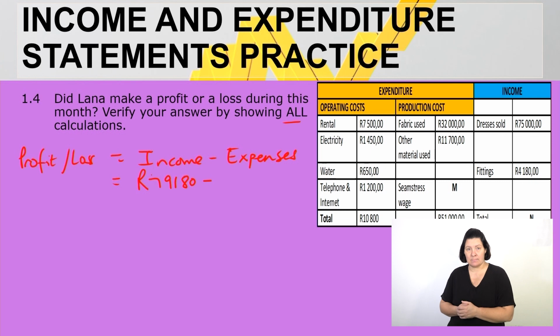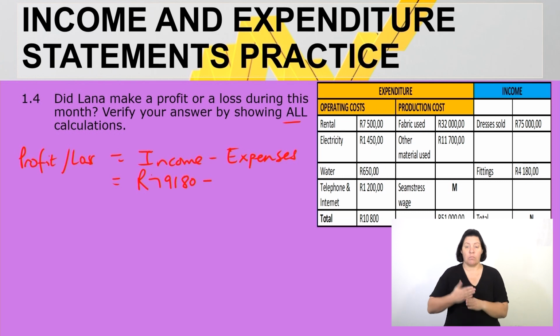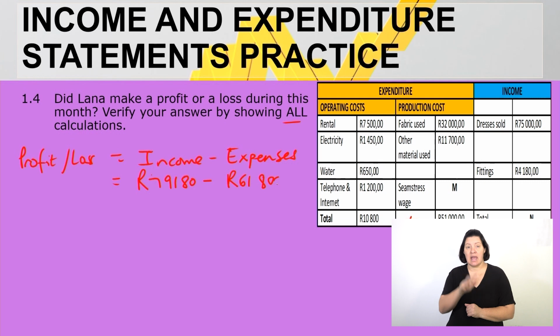Now looking at this, the expenditure consists of the production cost, 51,000, plus operating cost of 10,800. So I'm going to add the two together, 10,800 plus 51,000. So that will give me 61,800, right? So therefore, I will say 61,800.